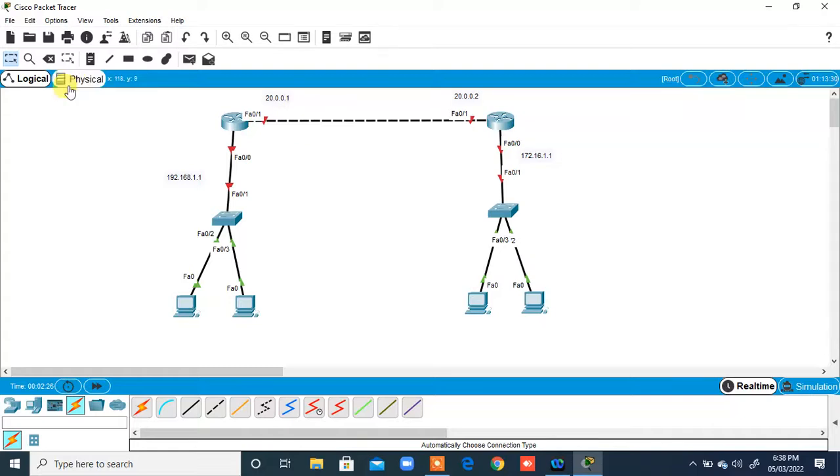So this is the diagram, and let me put the IP addresses for my end devices also. Let's say I am going to assign the IP address 1.2 for this device, and 1.3 for my other device.